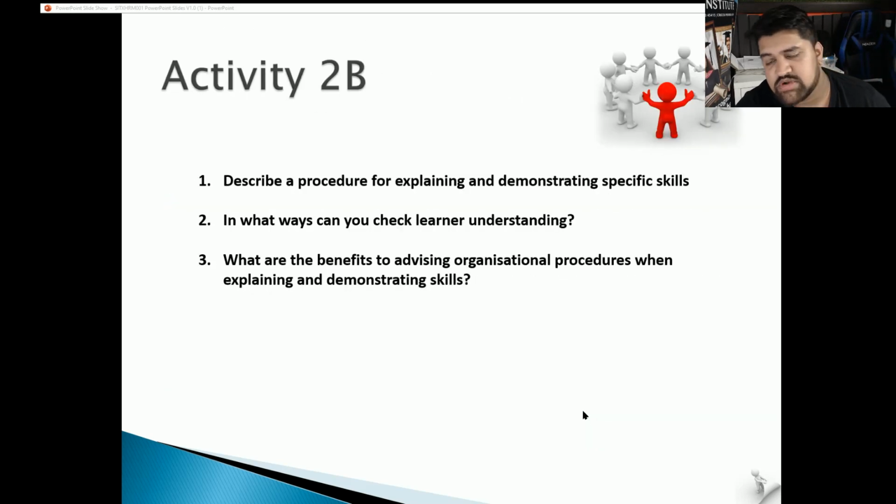Alright, so number 2. In what ways can you check learner understanding? So the way we would easily check the learner understanding is by putting them through an assessment or observation process where we assess them and observe how they are doing. So put them in the task once we have given them our knowledge and help them learn the performance aspect of it and the skills.